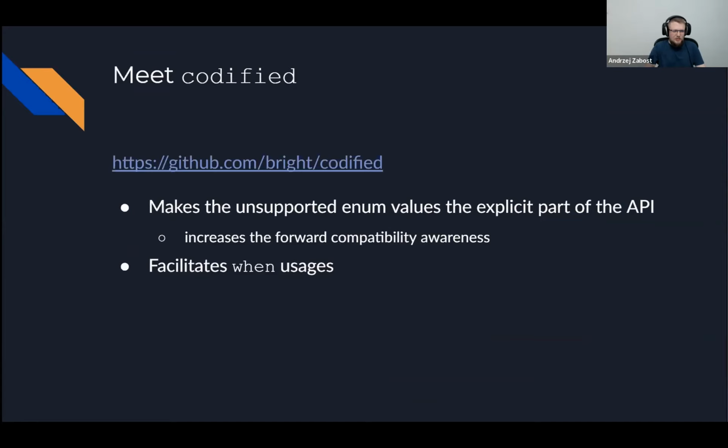It allows you to explicitly mark the places in the code where you expect the unexpected enum values. And it reinforces the when expressions by allowing you to get rid of all the try-catch blocks. So let me show you how it works.